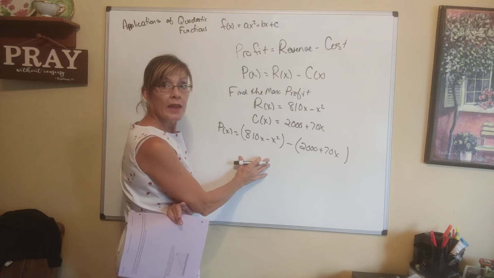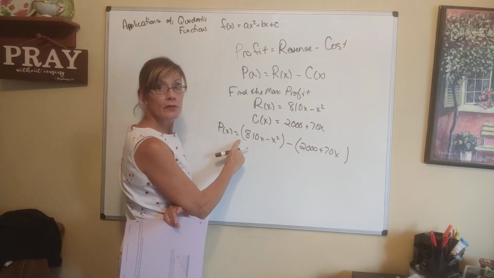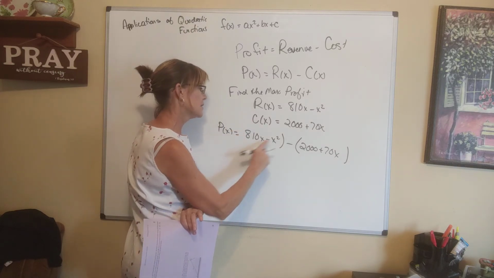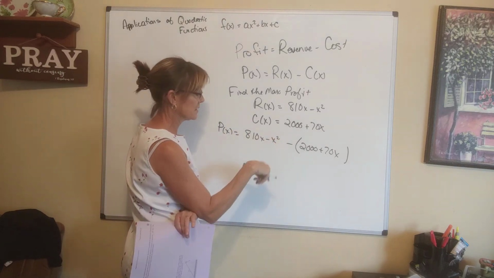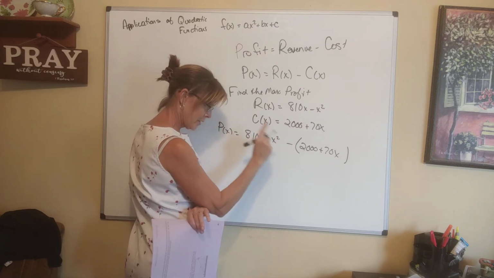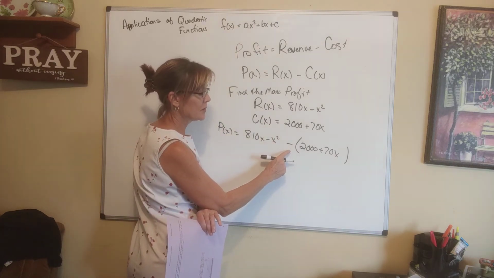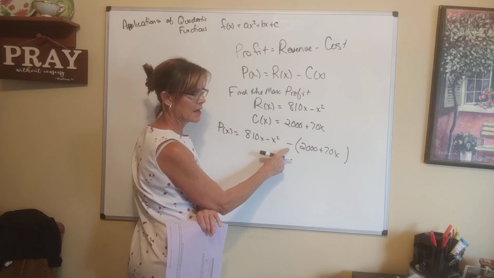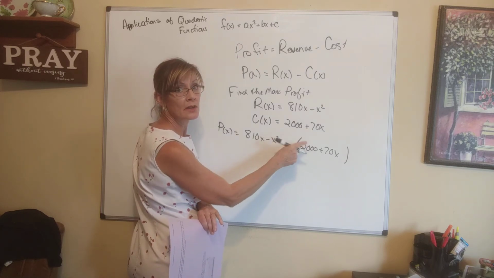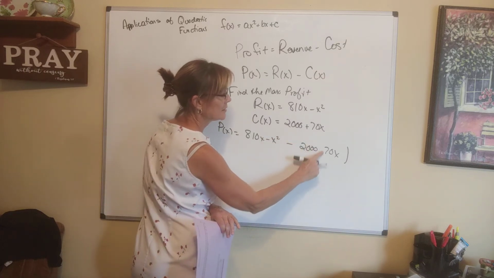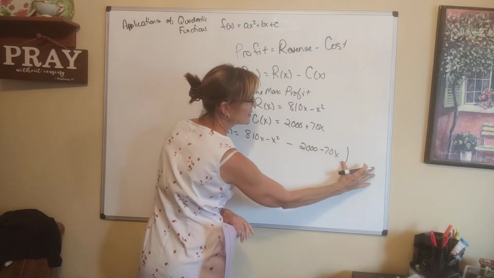In general, when there is a positive 1 in front of a parentheses, you don't actually need the parentheses, so I can just erase this if I want to, without it messing anything up. When there's a negative in front of it, that's a -1, and it must be distributed. So if there's anything besides a positive 1, it has to be distributed. So negative times 2,000 is -2,000, and negative times 70 is -70.